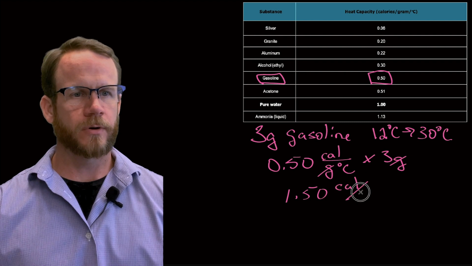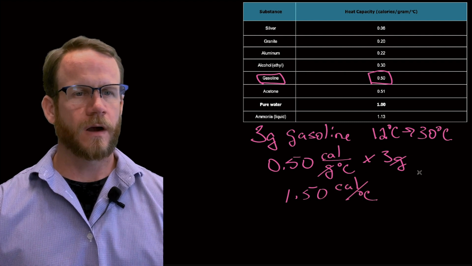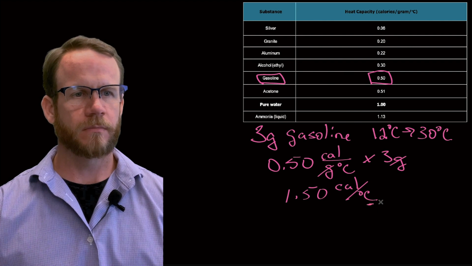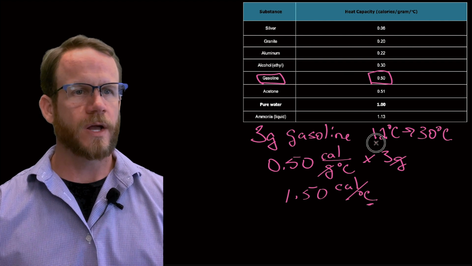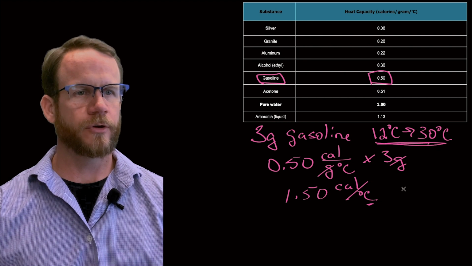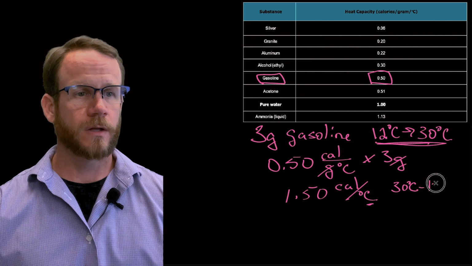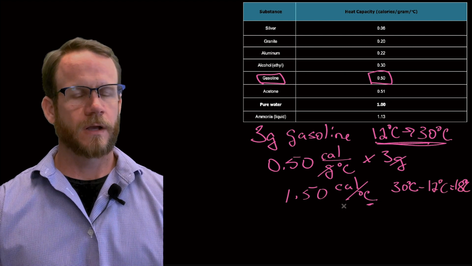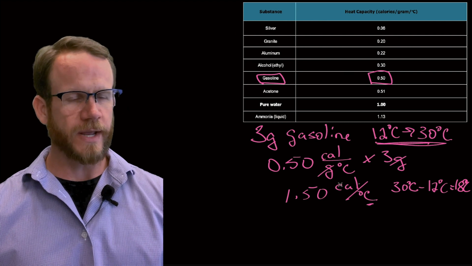calories per degree C. I'm looking for calories, so I need to get rid of this temperature part. Well, I know I want to go from 12 to 30, and I'll take 30 minus 12, and that gives me 18. I'll cram it in the corner. So 18.